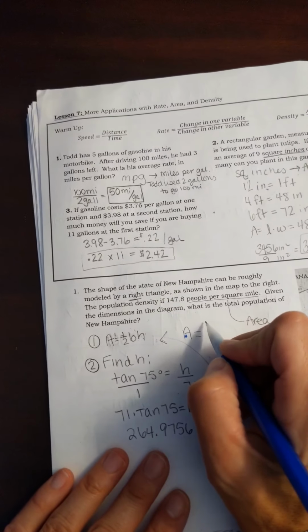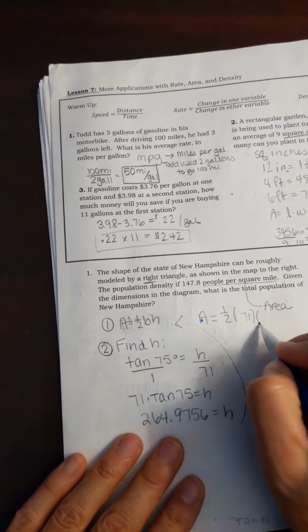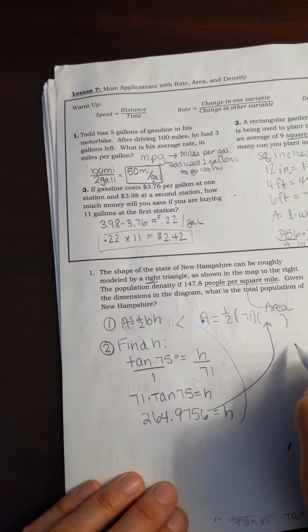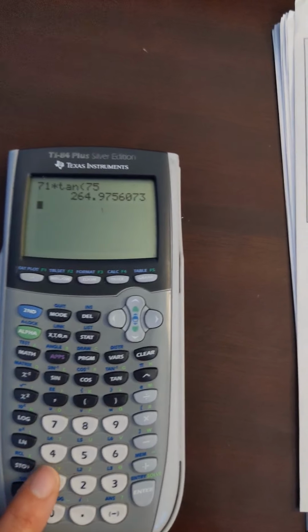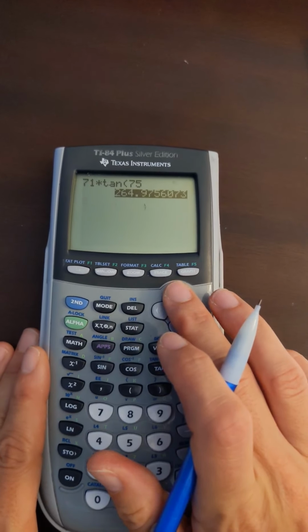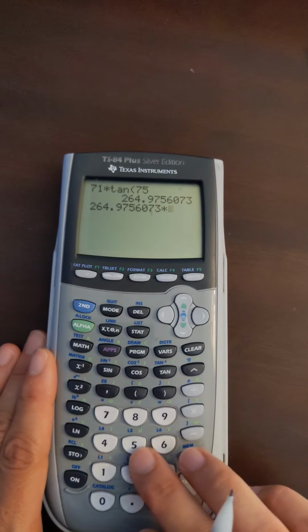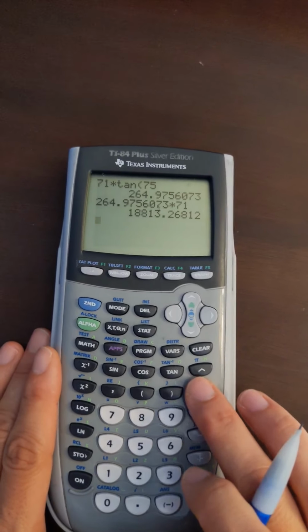Area is equal to 1/2 the base, 71, times the height, which we just found. Let's type that right into our calculator using this exact number. So I'm going to go up here, hit enter, multiply that by the base, and then hit enter, and then divide that by 2.